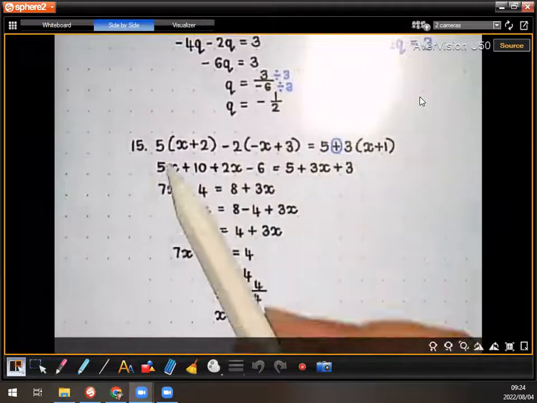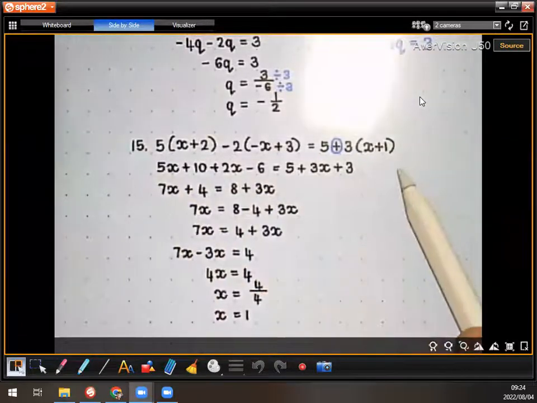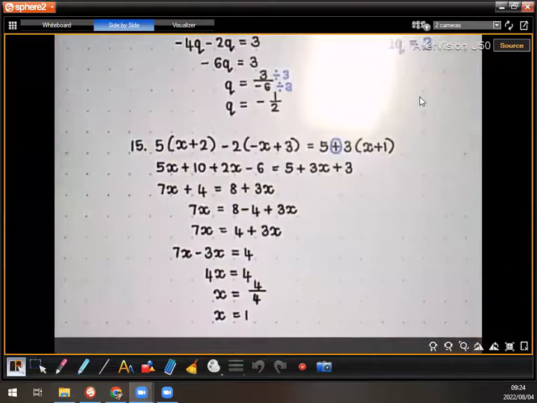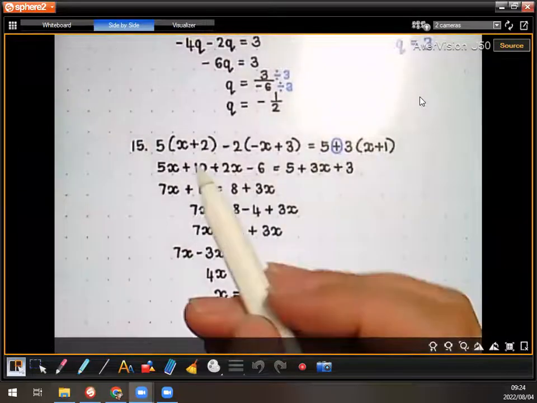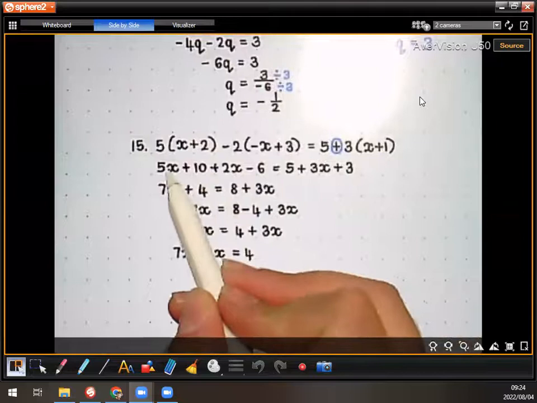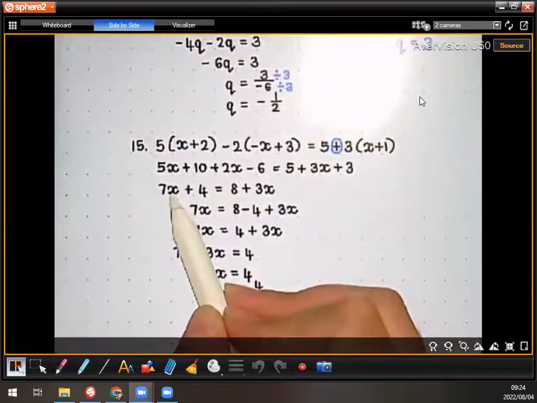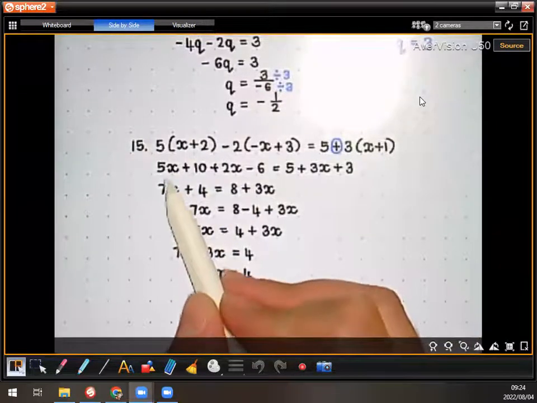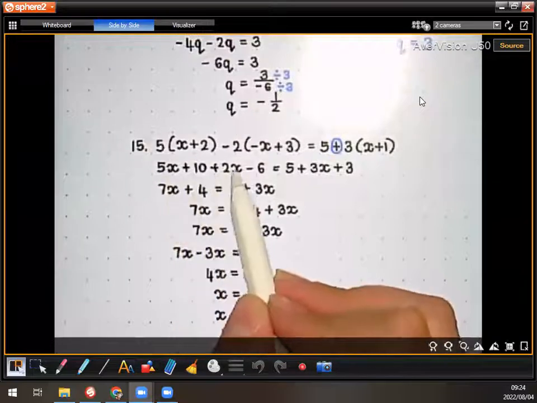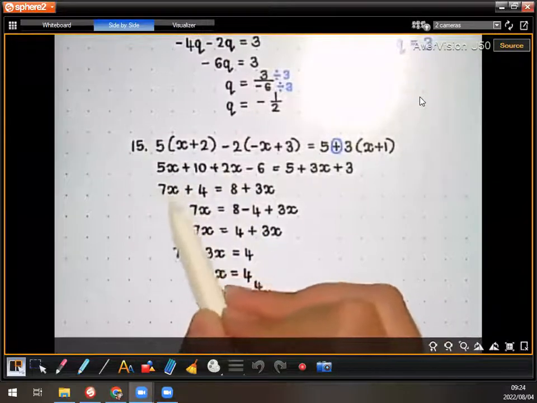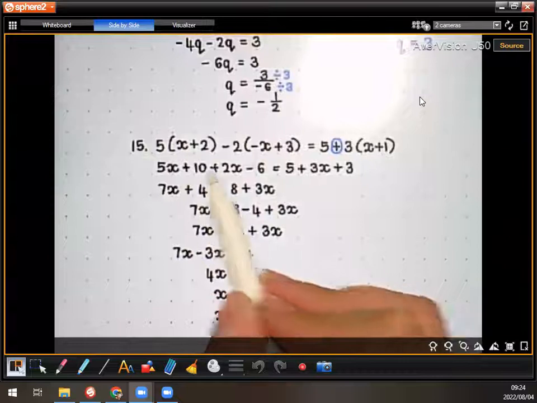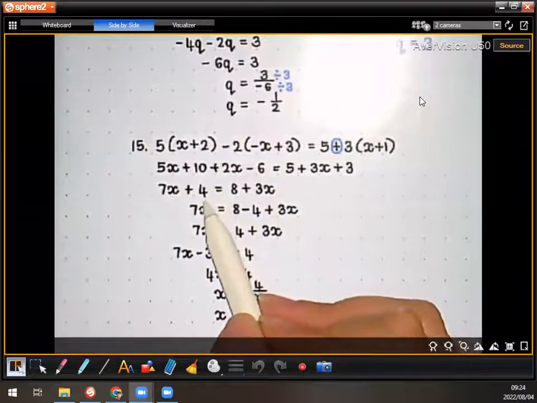And what I did, guys, because there was so much going on here, I thought, let's make it easier, let's simplify first. Okay, so look what happened here. On this side, 5x plus 2x is 7x. You guys agree with that? Right? Those are like terms, 5x and 2x. So I just simplified that, 7x. And then I had 10 minus 6, which is just 4.